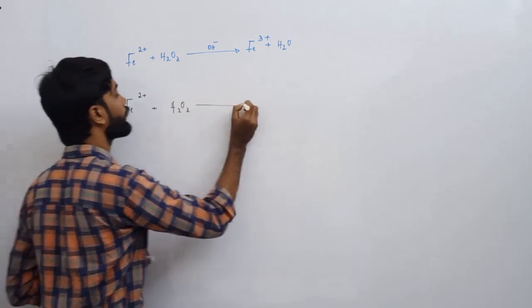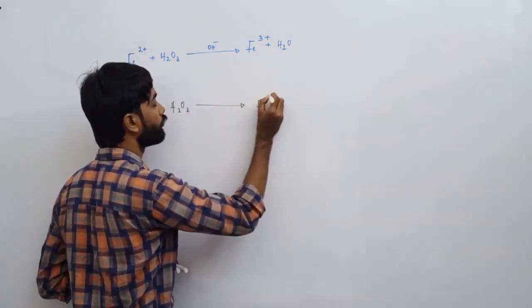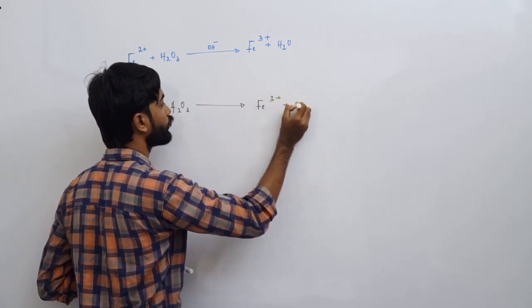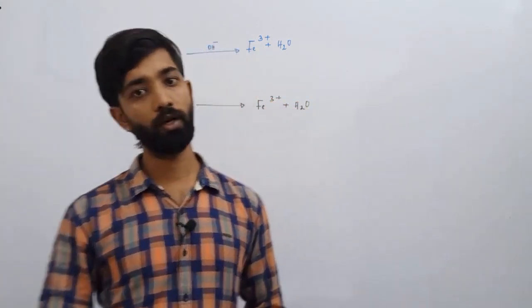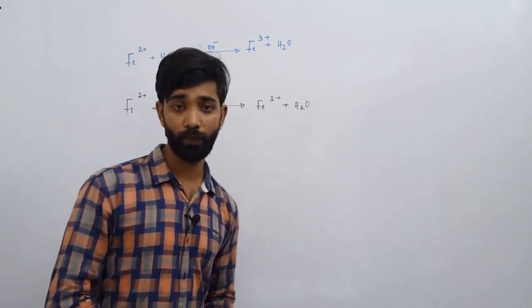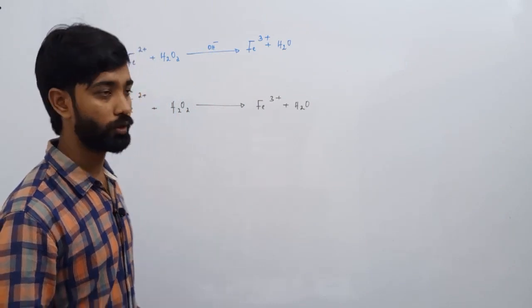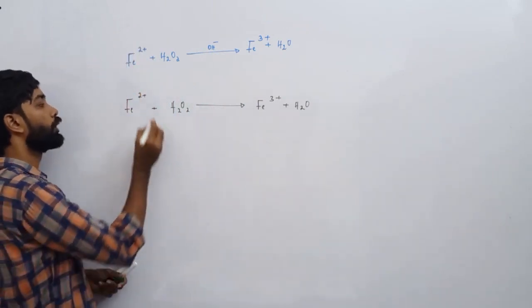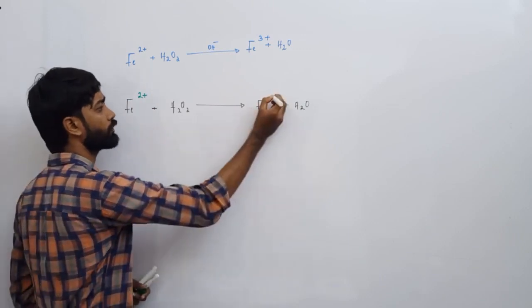Ferrous ion in the presence of H2O2 forms ferric ion plus H2O. I told you that in the case of hydrogen peroxide or any kind of peroxide, one of the components with a change in oxidation state should be oxygen. Don't forget that. First of all you have to find the oxidation states.